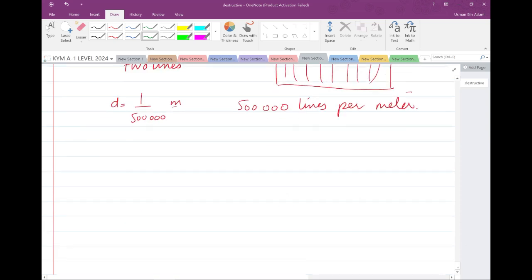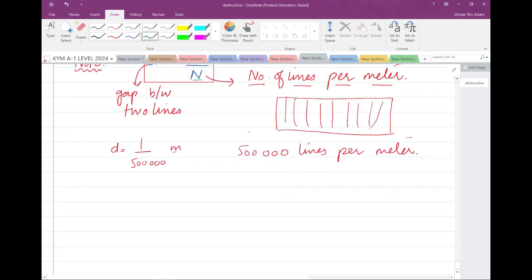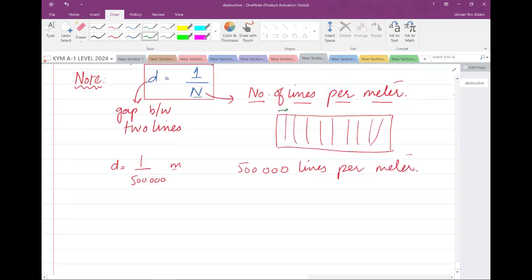I will show you the logic behind it. Okay, let's try to understand that. The first line here is making a gap from the edge that is d. The second line is making another gap from the first line that will also be equal to d. The third line will be making another gap from the second line that is also equal to d. The fourth line will also be making a gap between the third and fourth that will be equal to d.